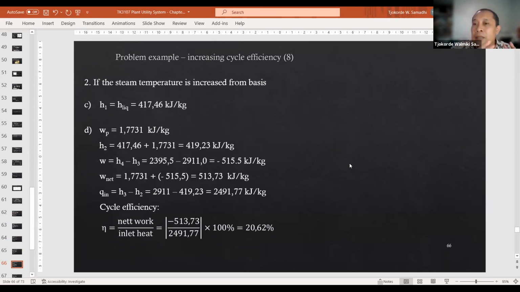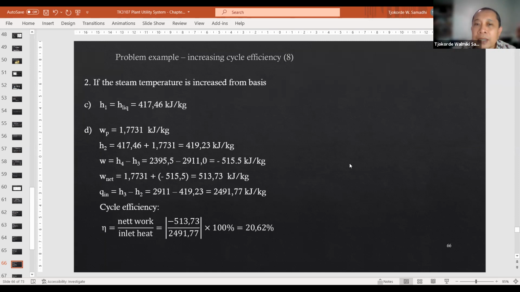Ya, jadi kita memulainya dari analisis efisiensi termodinamik suatu siklus dasar, ya, keadaan dasar, and then we vary the condition of several process variables. We can perhaps change the boiler pressure, we can change the steam temperature, or both of those variables, and then see what happens to the cycle efficiency.